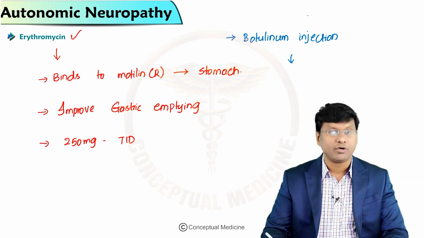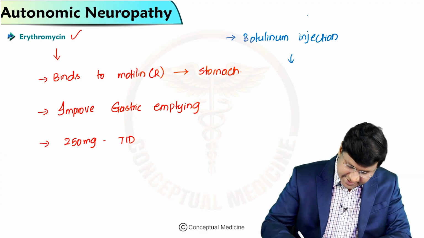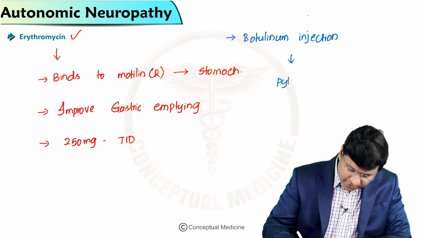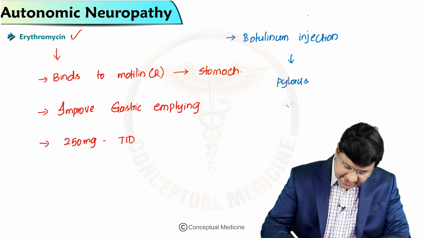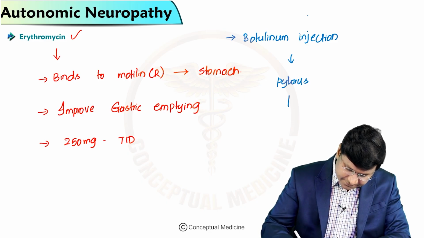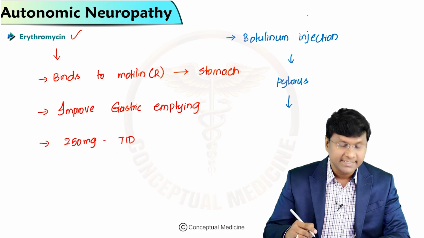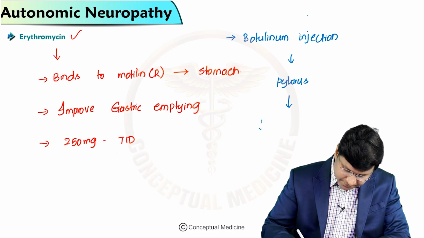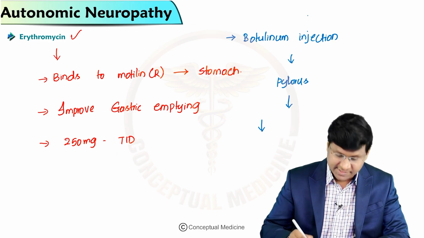This particular botulinum injection, which we call Botox, is injected into the pylorus of the stomach. As it is injected into the pylorus, it can reduce the pylorus sphincter resistance.